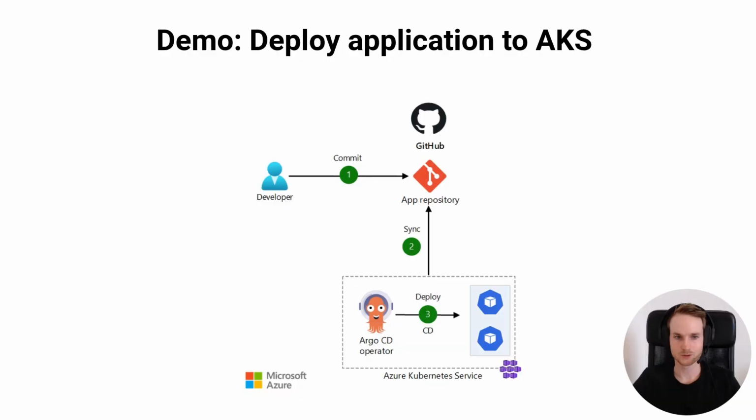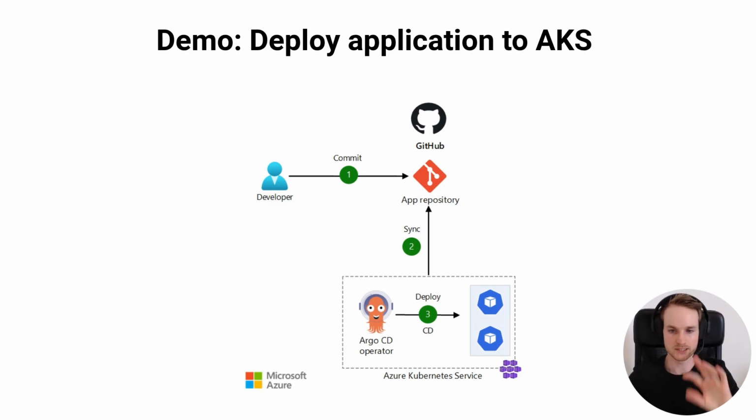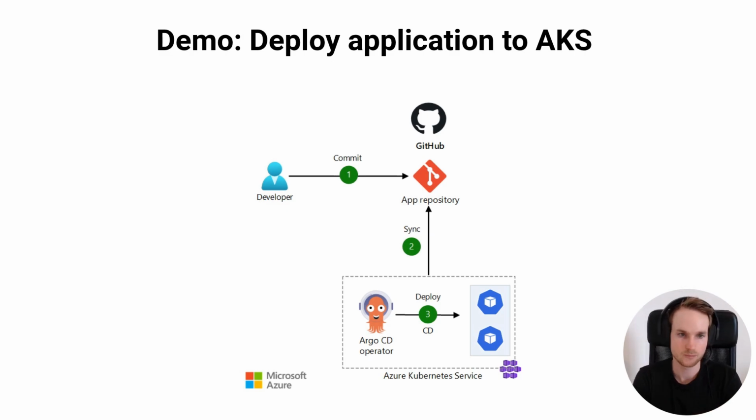So what are we going to build? This is the first step that we are going to build. So you have this three-step process. We have a developer committing a change to a Git repository. And then at the bottom, we have a Kubernetes cluster, which runs the ArgoCD operator. As we've seen earlier, this is exactly the GitOps integration.